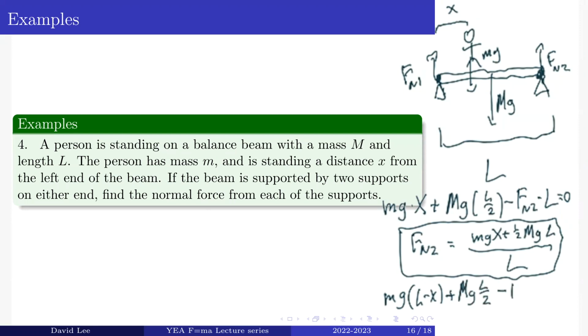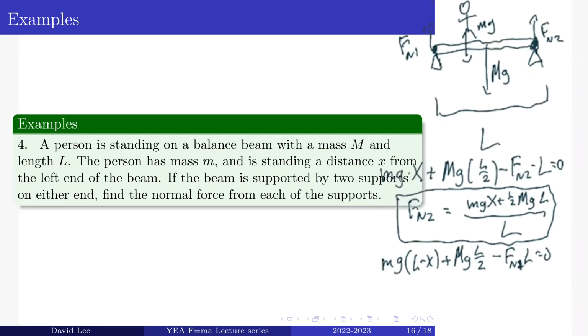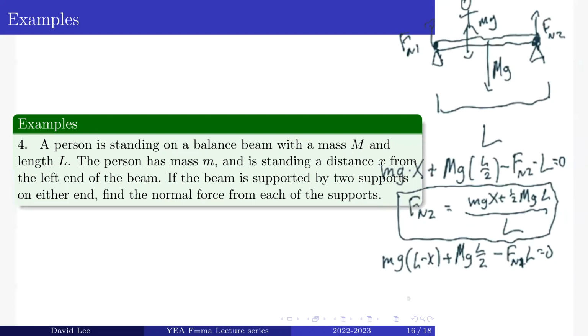And there's the torque from the first support now, Fn1 times L. And we can immediately solve for the force from the first support. So that will be Fn1, and it's equal to mg times (L minus x), plus 1/2 mgL, all over L.